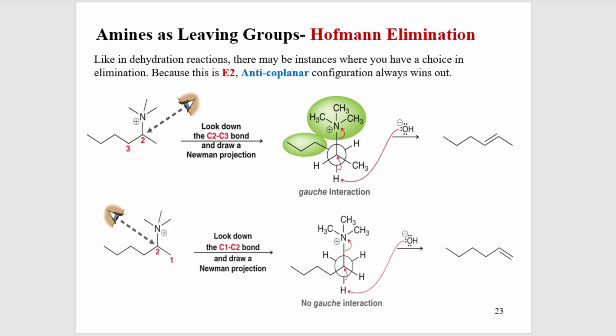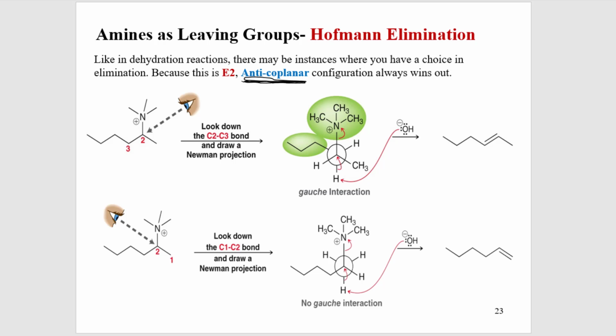Understand that when you run these types of reactions, they are following E2. So you've got to go back to your elimination reactions and understand that mechanistically you need to have anti-coplanar geometry in order to eliminate. So go back and revisit your anti-coplanar configurations. This is showing you what that means if you were to eliminate across 2 and 3.